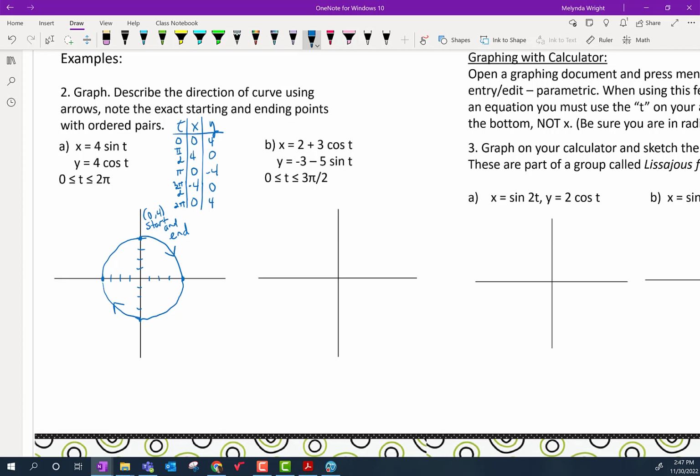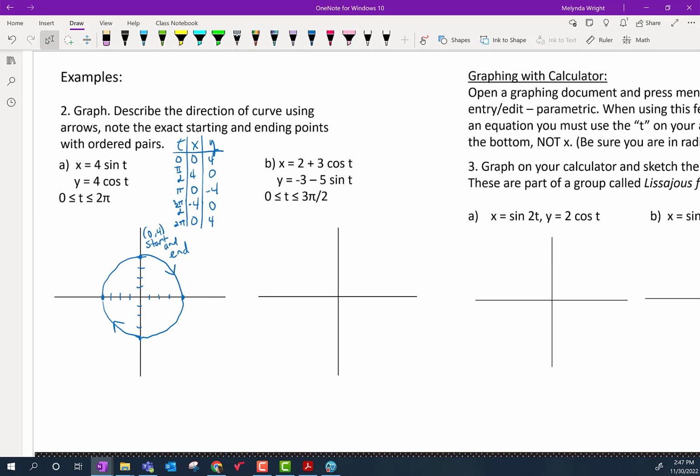Also, looking at B, let's make a point to circle this. This creates a circle. That pairing of x's with sines and y's with cosines creates a circle.